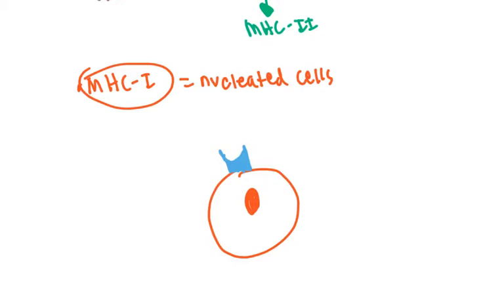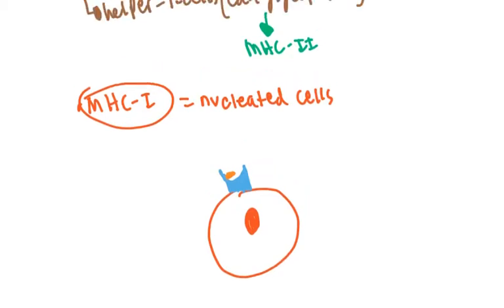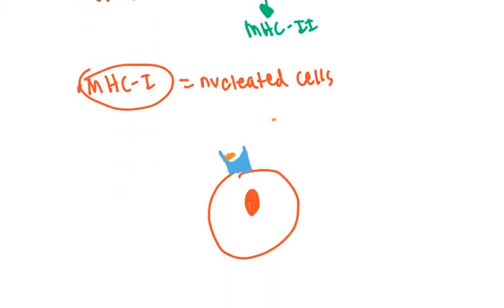If this cell is infected with a pathogen, certain proteases inside our cell will destroy that pathogen, break it into smaller proteins, and present that pathogen's antigen on its MHC-1 complex. This can lead to cytotoxic T cells coming in.